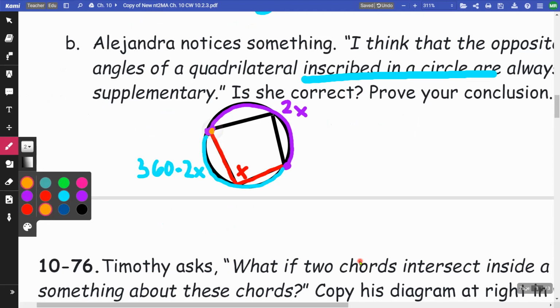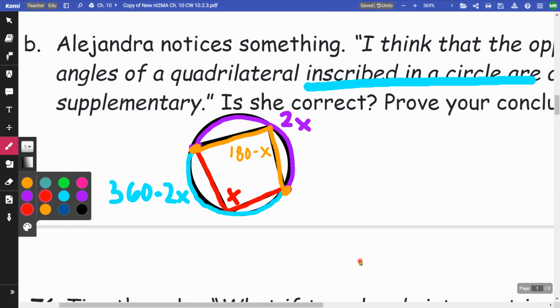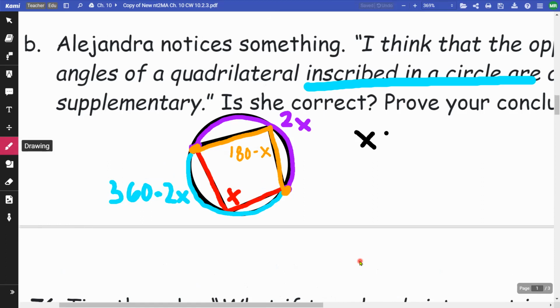So this opposite angle here, which is forming the blue intercepted arc, is going to be half of that. And half of 360 minus 2X is 180 minus X. So now if I take those two angles and I add them up, I'm going to have X plus the other angle, which is 180 minus X. Together, the X and the minus X are going to cancel out and you get 180 degrees.